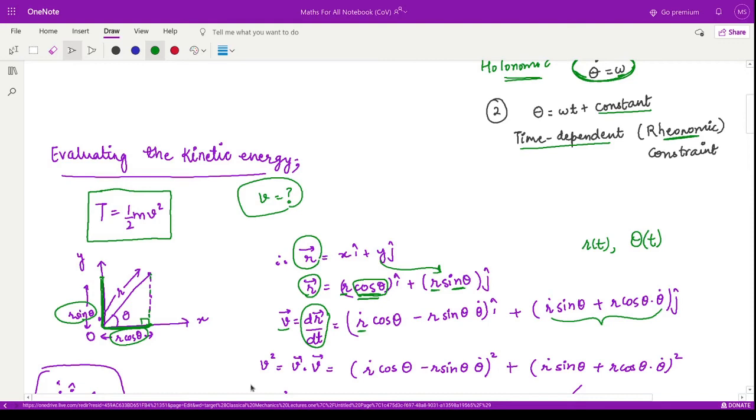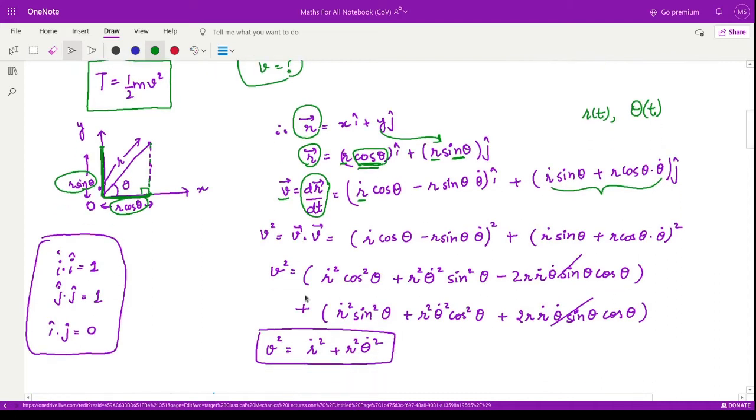So now v square would be v dot with v. That means we are to take the dot product of v with itself. If you remember the rules, the dot product of i cap vector with i cap is equal to 1. That means a vector with itself, its dot product is equal to 1.